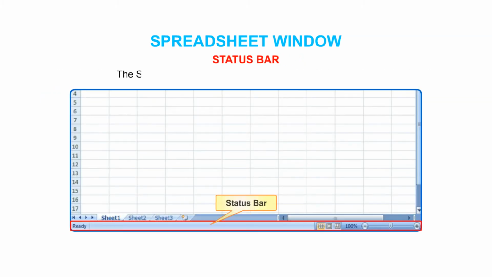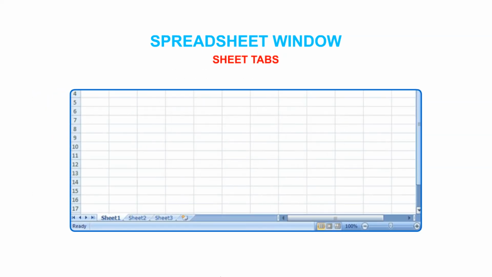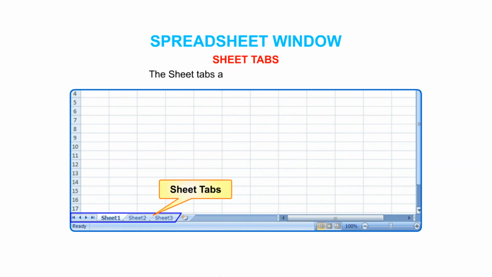Status bar. The status bar is located at the bottom of the Excel window. It gives you information about the current selection. It includes the name of the currently selected command or current activity. It also displays warning messages. Sheet tabs. The sheet tabs appear above the status bar.